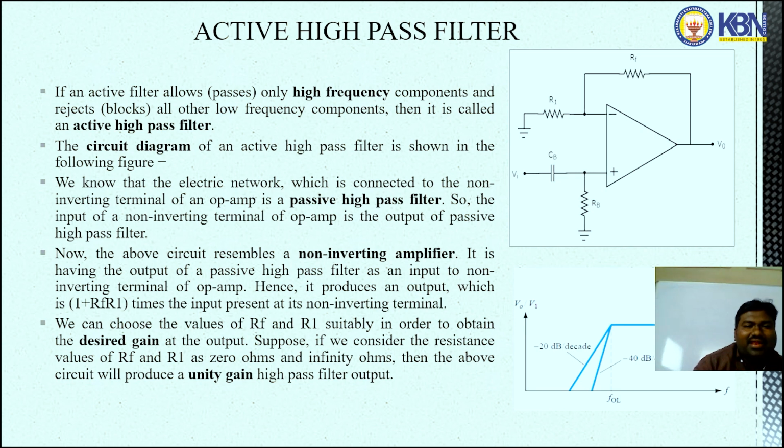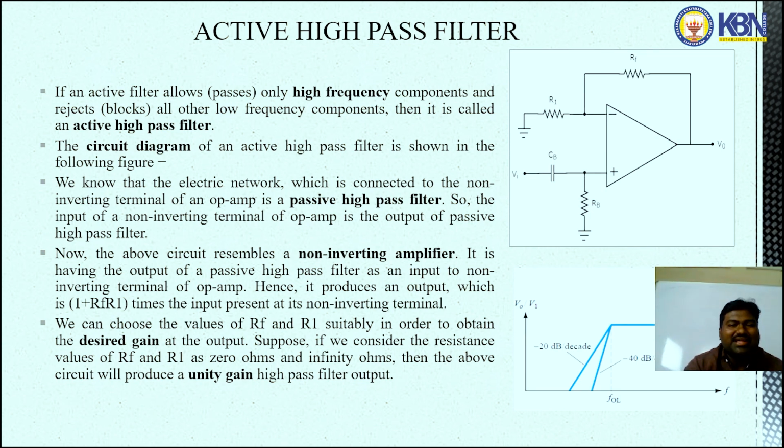We know that an electronic network connected to the non-inverting input terminal of the operational amplifier is the passive high pass filter, so the input of the non-inverting input terminal of the operational amplifier is the output of the passive high pass filter. Now the above circuit resembles a non-inverting amplifier, having the output of the passive high pass filter as input to the non-inverting input terminal.